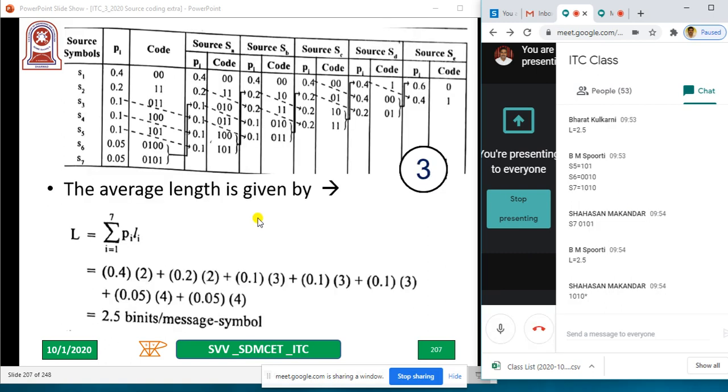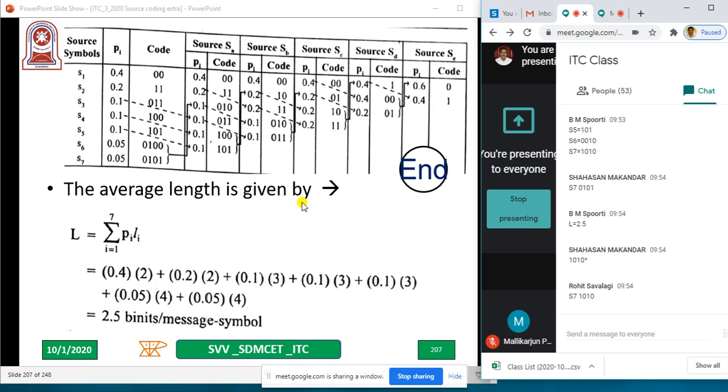The average length is given by L equal to, and most of you have typed 2.5, it is the correct answer. And let me go to the H of S. Very good. Nivedita, Rohan, Arjun, Priya Patil, Divraj, Eminur, Adnya, Vijay Lakshmi, all are getting 2.5.